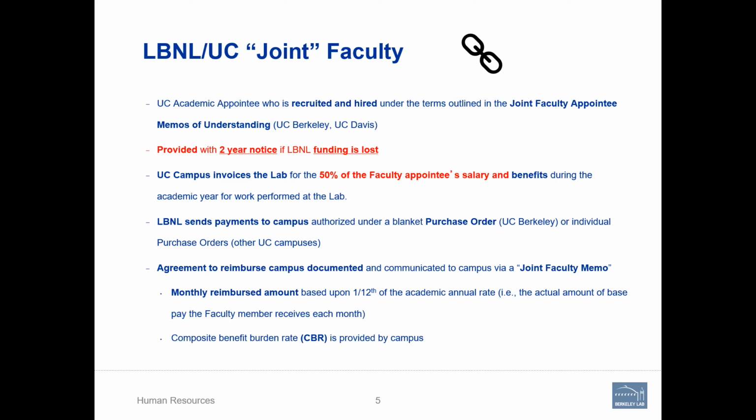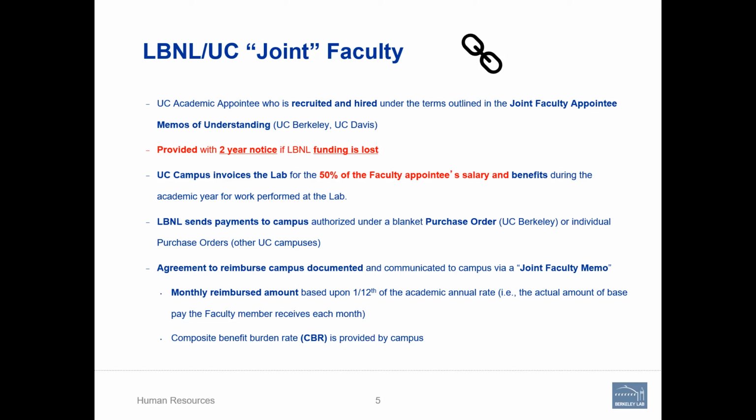The UC campus invoices the lab at 50% of the faculty appointee's salary. 50% has to happen; this cannot be changed. If it is a different amount, even if it's less than 50%, we have to have justification, because this is part of the MOU that was arranged with campus.